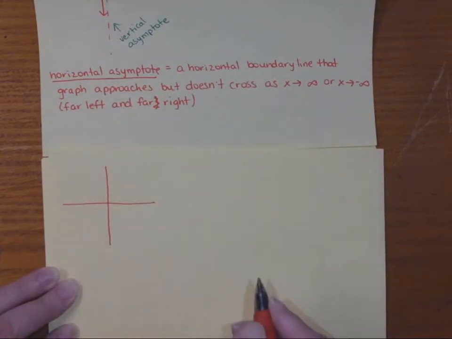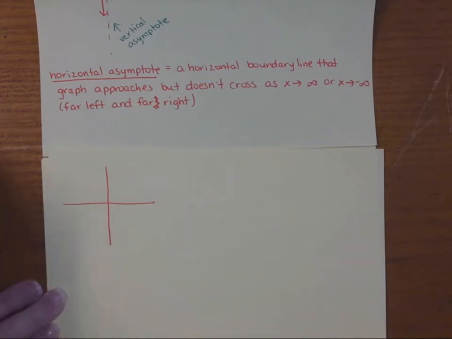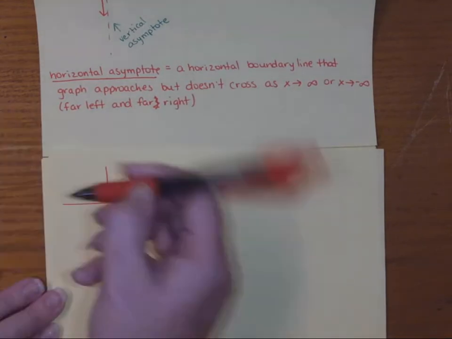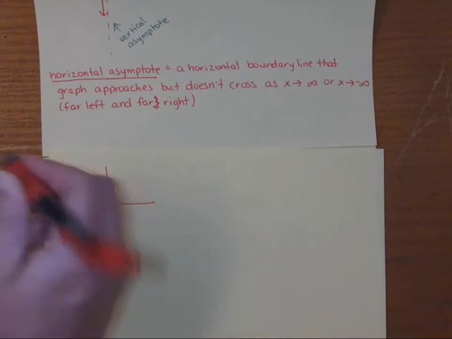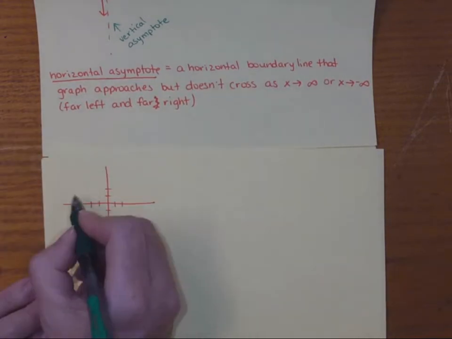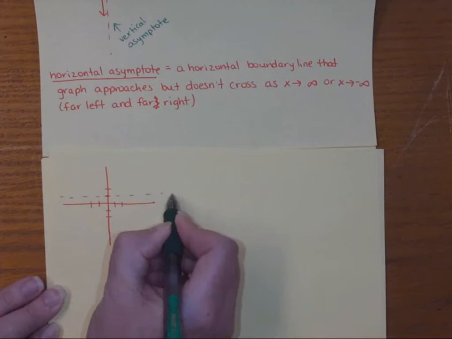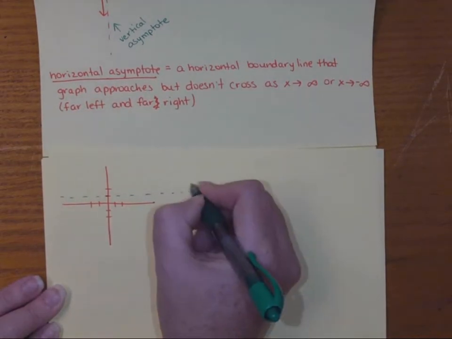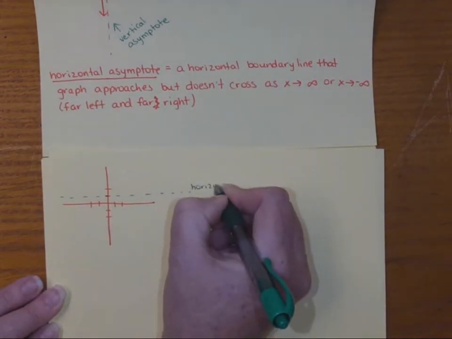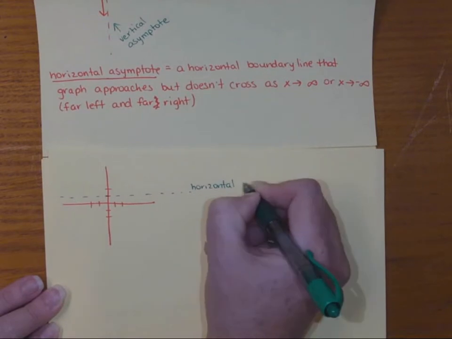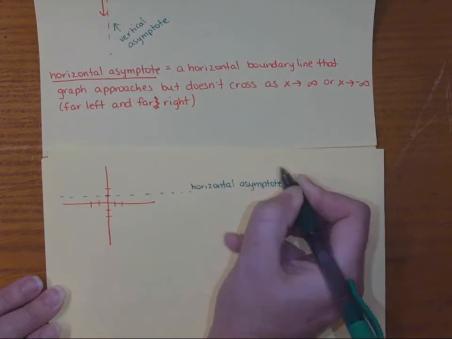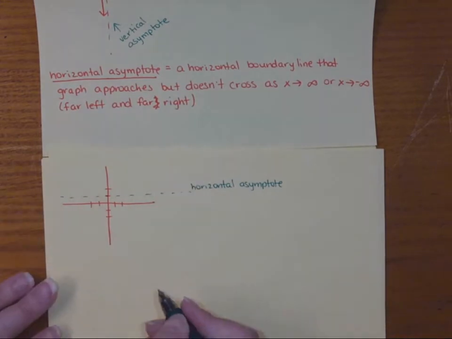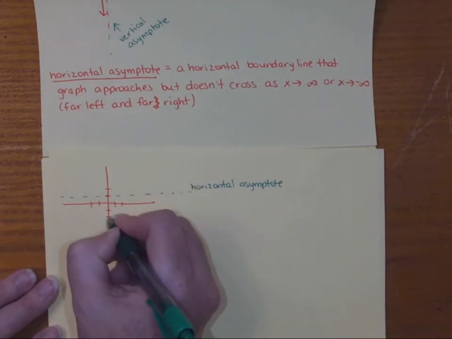So let's say I give you this graph, and let's go out 2 in every direction. Let's draw a horizontal asymptote maybe at 1. This is the line that our graph is going to approach but not cross as we go to the left or the right. And let's say that this is my function.